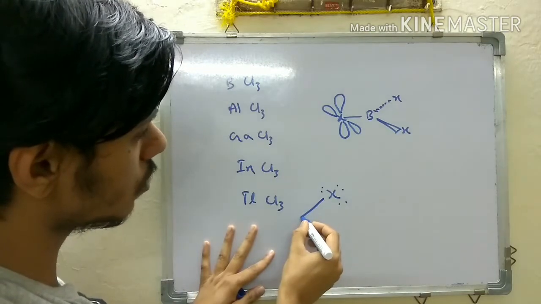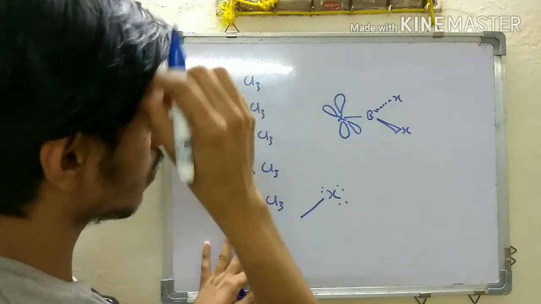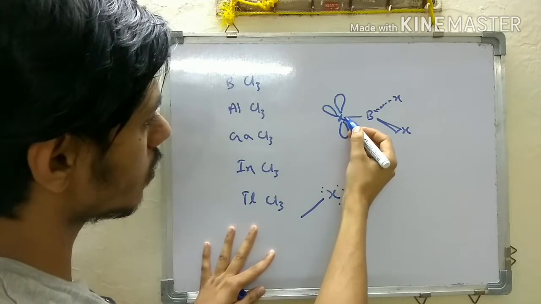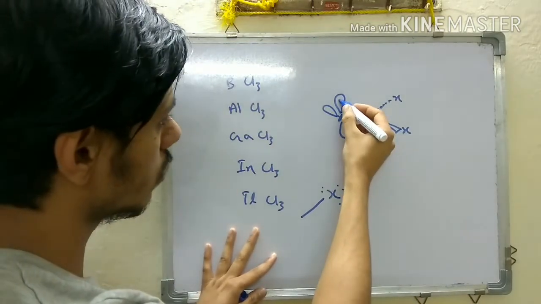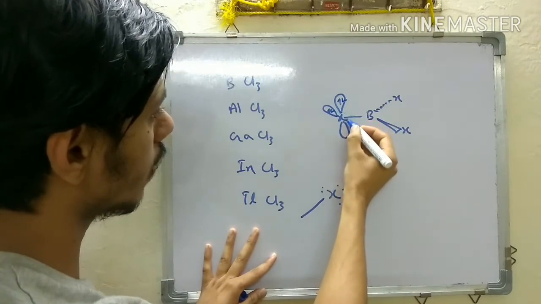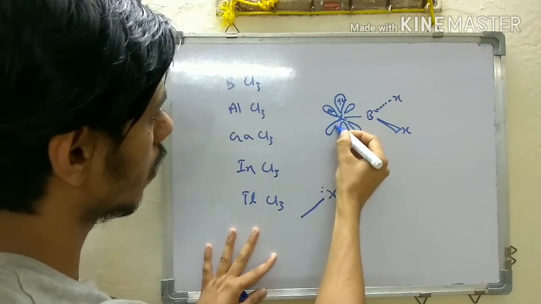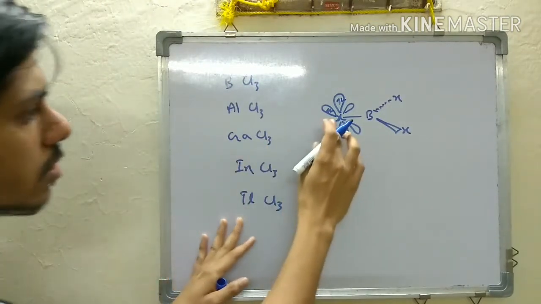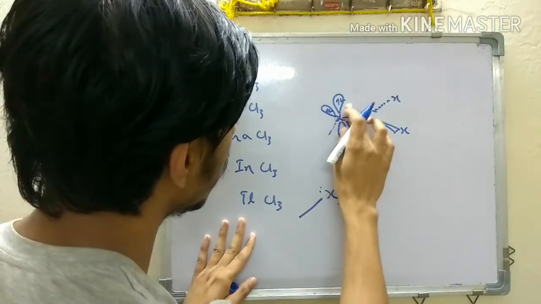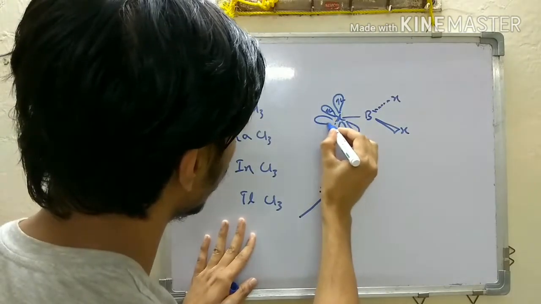One of the electrons is used in bonding, and now it has three pairs of electrons which are free for donation. So these are two pairs, and another one pair will also be there, actually it will be in this lobe here, right?